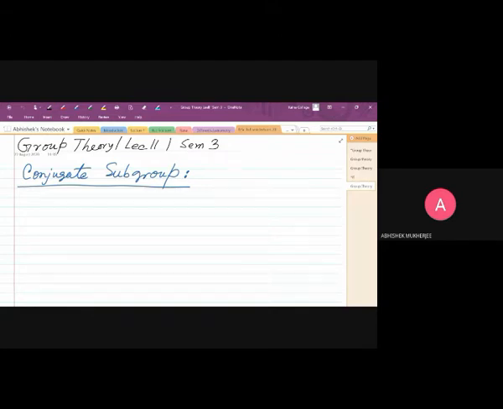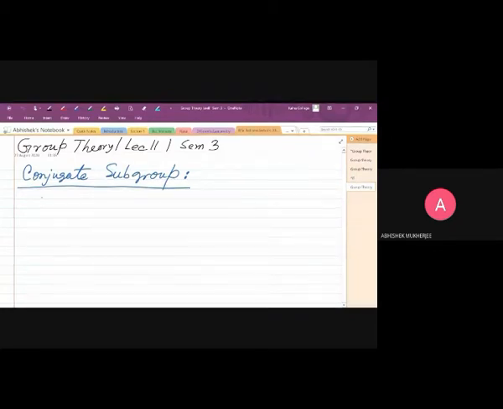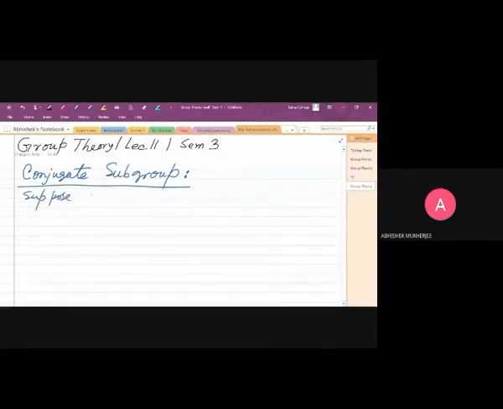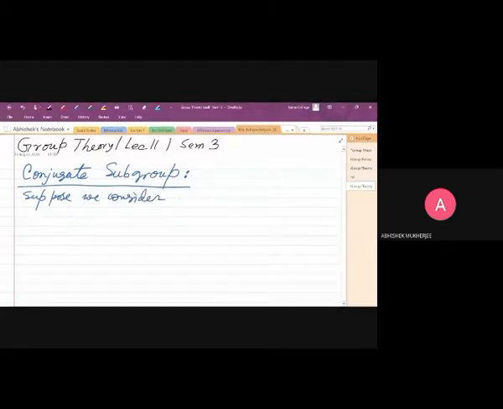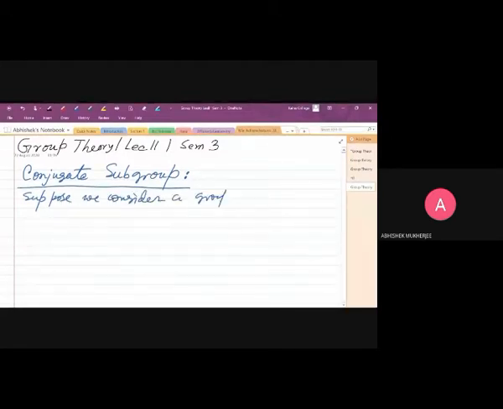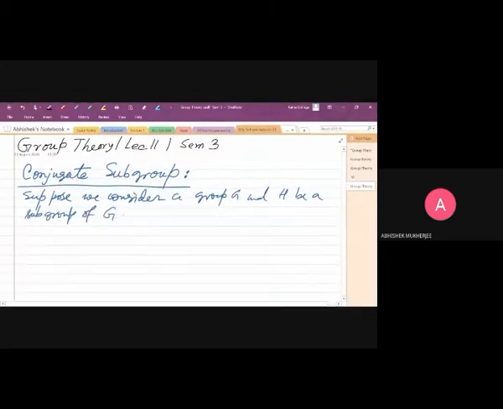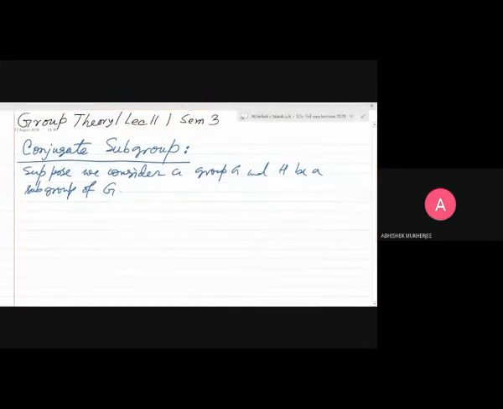So suppose we consider a group G and H be a subgroup of G.